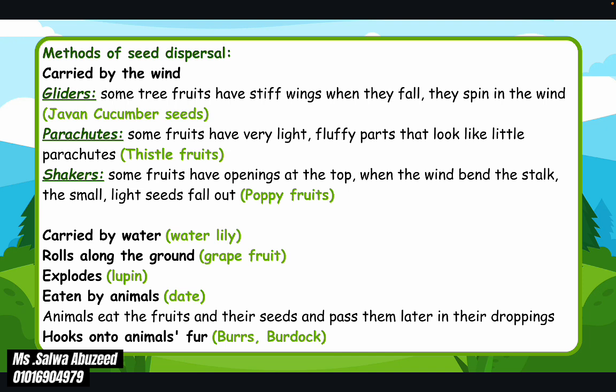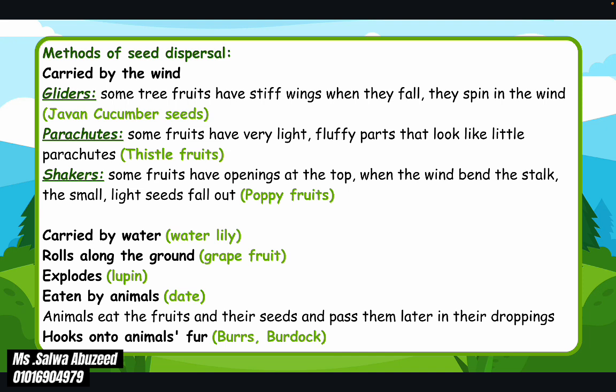And then we have hooks onto animals' fur. What is the meaning of that? So they are sharp. They have spines. They have spikes. And all of this makes it attach by accident to the animal's fur because they have hooks on it.